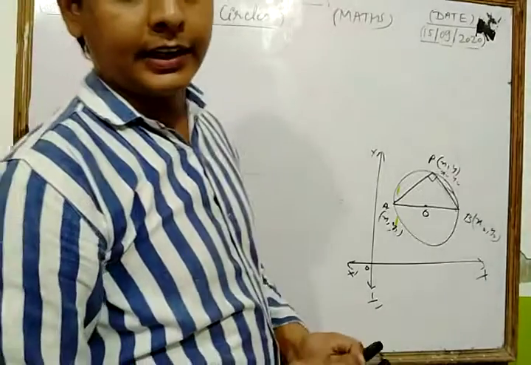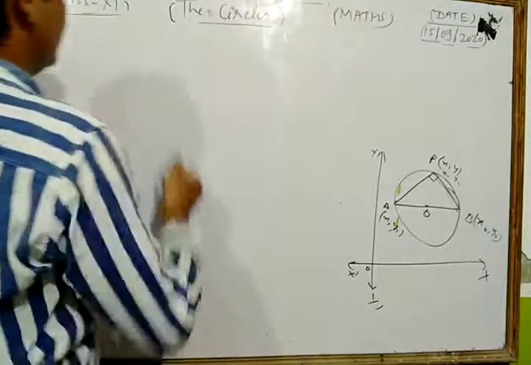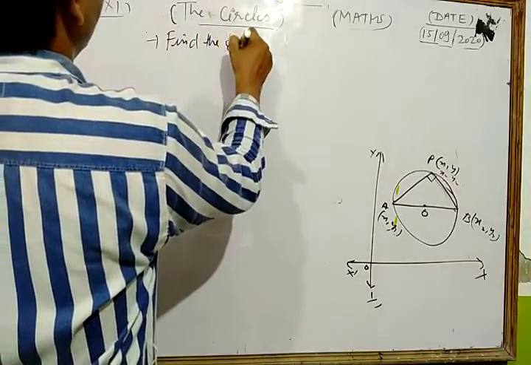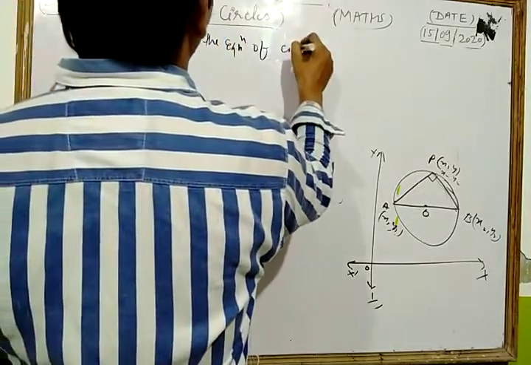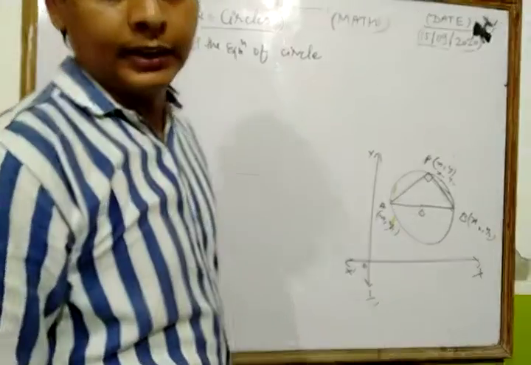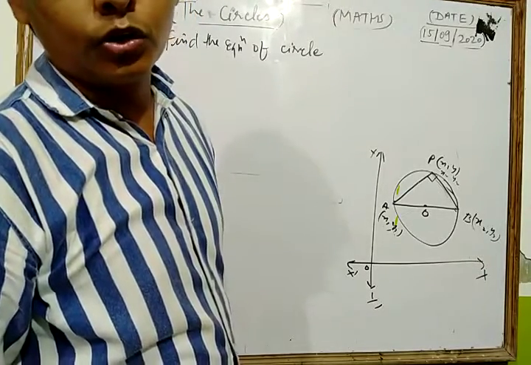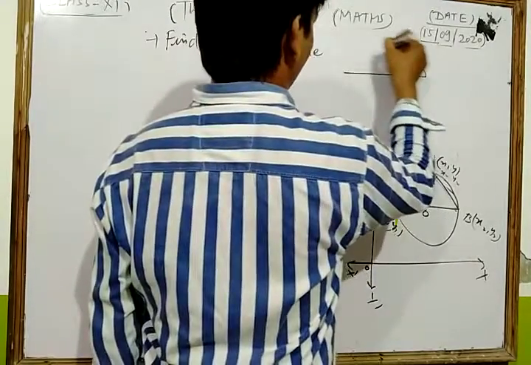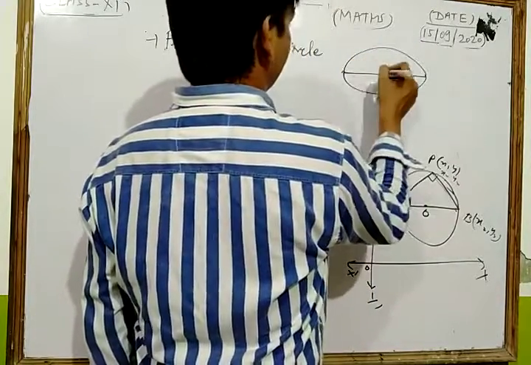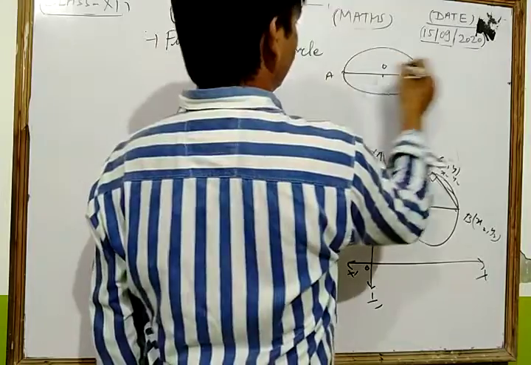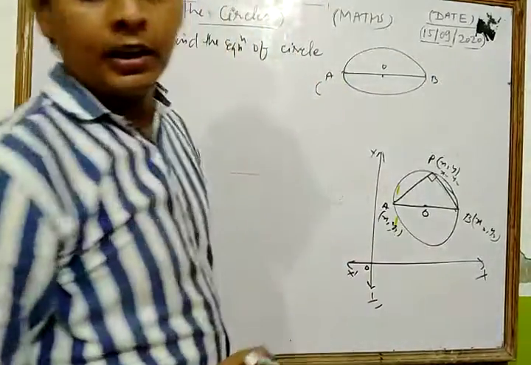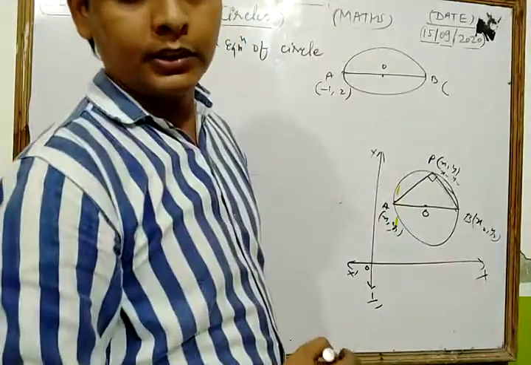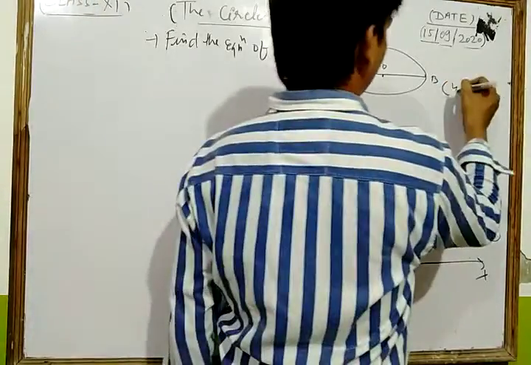Suppose, find the equation of the circle whose diameter has endpoints with coordinates A and B given as minus 1, 2 and 4, minus 3.